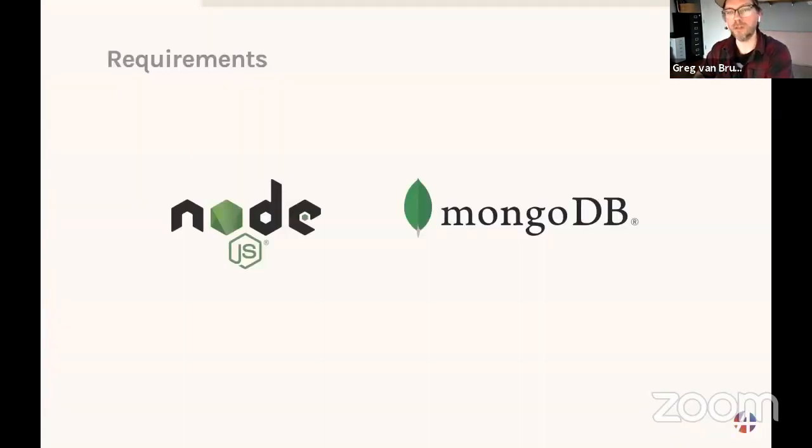So real quick, as explained before, Apostrophe requires Node.js to run Express and MongoDB to store its data. So what you might be thinking from the beginning is I'm going to create an image that does both of these things in one. You probably could do that, but it's not really the right way to think about it.